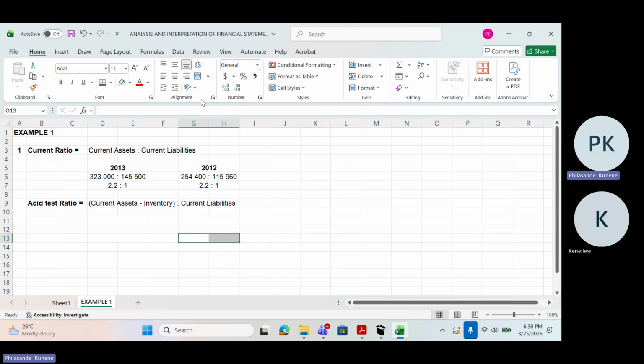Here as well, we're going to calculate the 2012 and then the 2013.